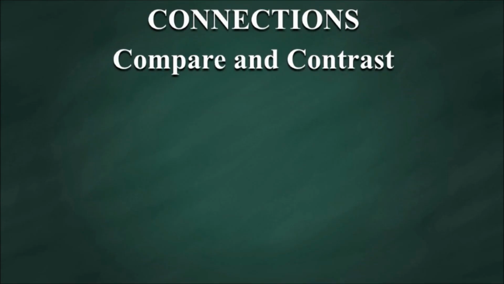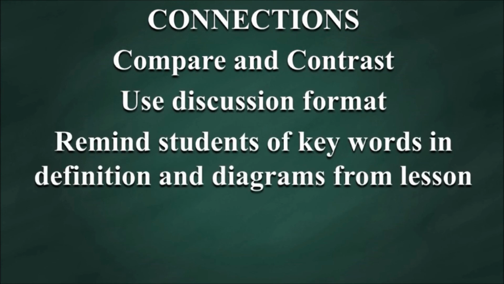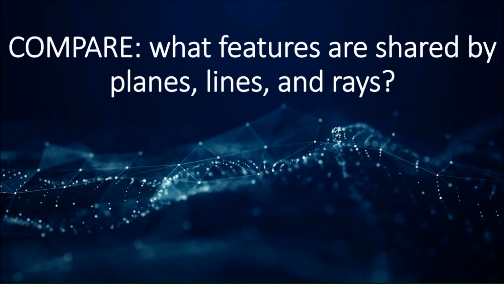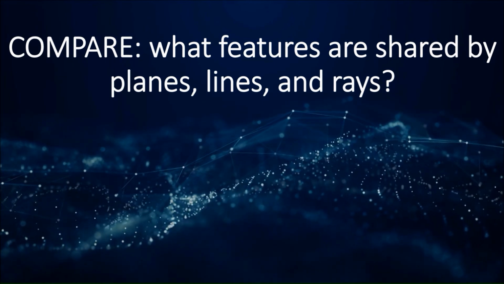Now to draw more connections, we have the compare and contrast where we ask these essential questions again. Use a discussion format. Remind students of key words in the definitions and diagrams from the lesson in answering these questions. To compare, what features are shared by planes, lines, and rays?